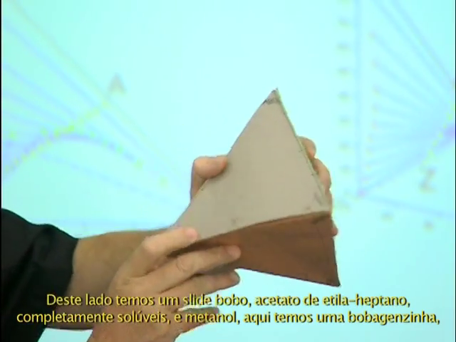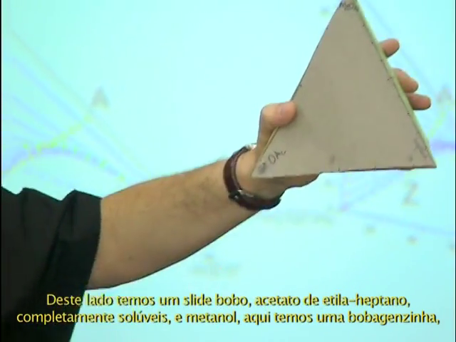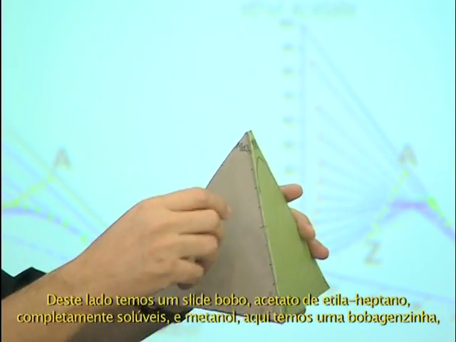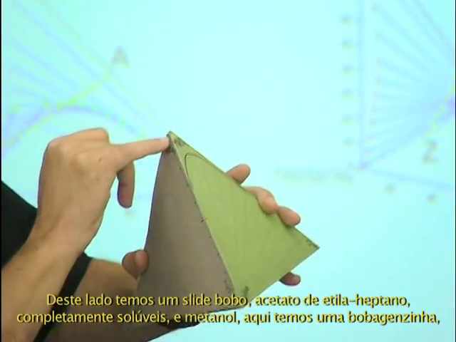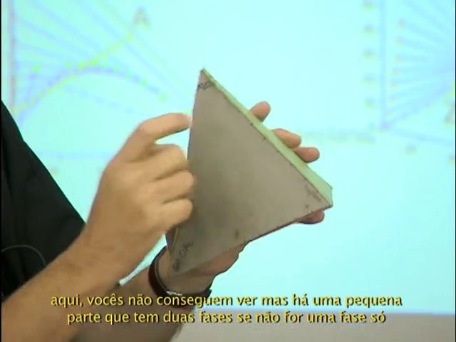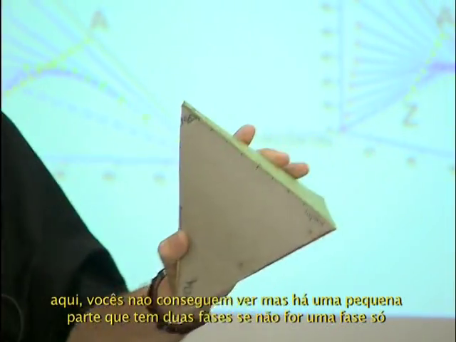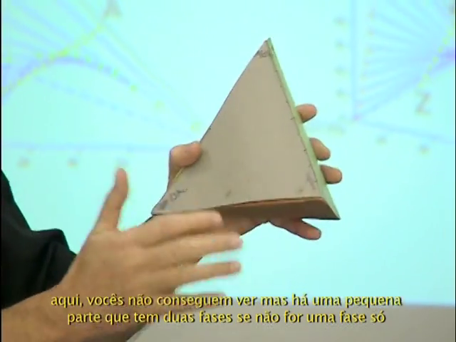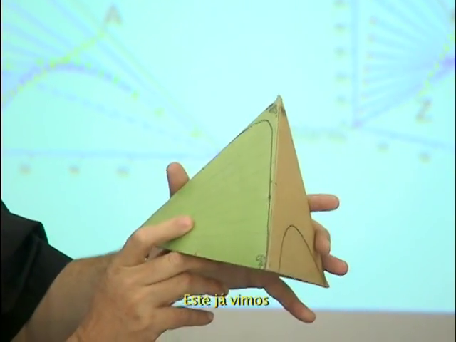And this slide, that's the stupid side. Ethyl acetate, heptane, completely soluble, and methanol. Methanol, there is a little, it's not completely stupid. Here, you cannot see, but there is a little part which makes 2 phases. If not, it's single phase. And we have seen that one.